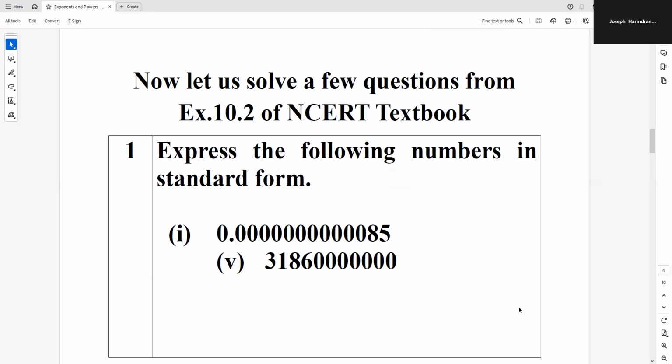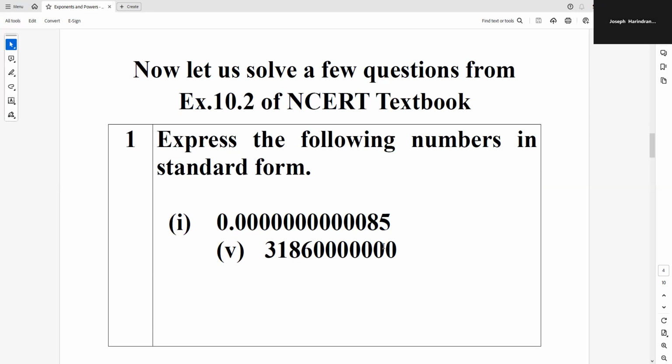We have selected two questions from there, one a very small number and the second a large number. Subdivision 1: 0 point, how many zeros are there? We have to count. 1, 2, 3, 4, 5, 6, 7, 8, 9, 10, 11 zeros, and then we have 8, 5.